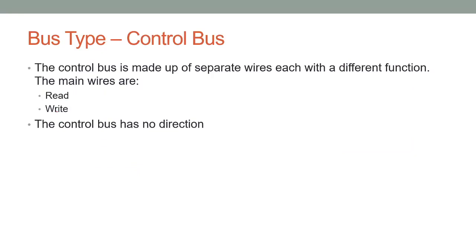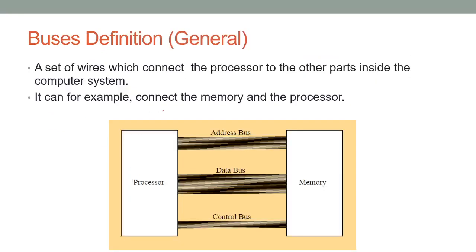When we're saying read or write, what that means is it tells the data bus and the address bus to go find a location and either read data from it, or write data to it.